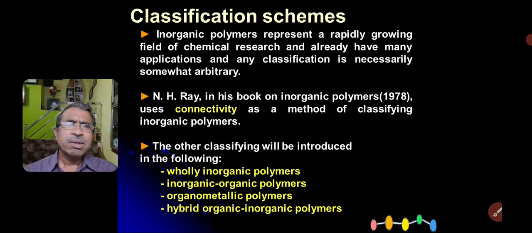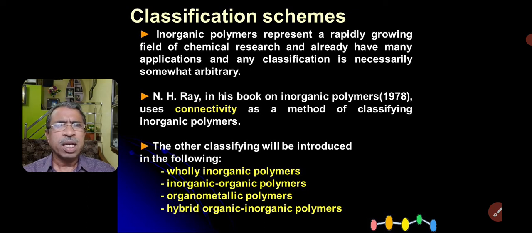So here the classification of the inorganic polymers is also given in another way. Inorganic polymers represent a rapidly growing field of chemical research and already have many applications, and any classification is necessarily somewhat arbitrary. N.H. Ray, in his book on inorganic polymers, uses connectivity as a method of classifying inorganic polymers.